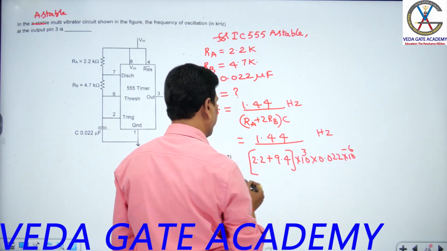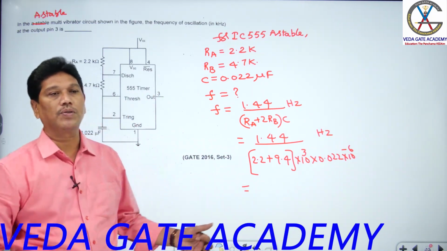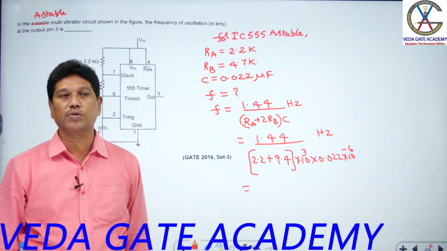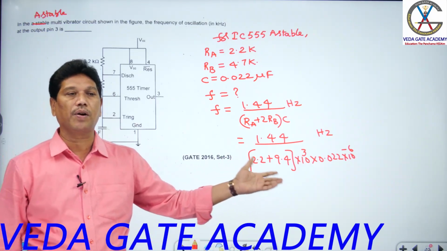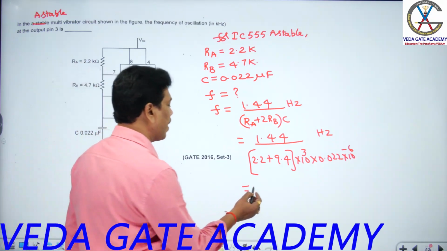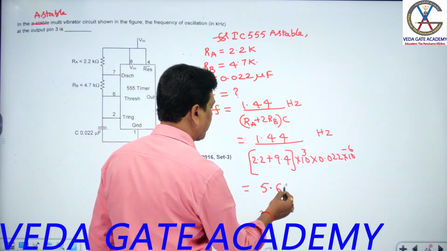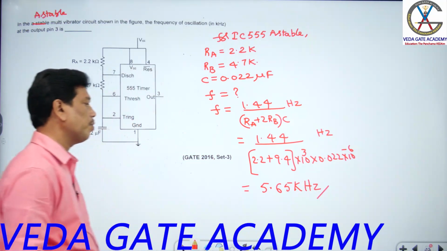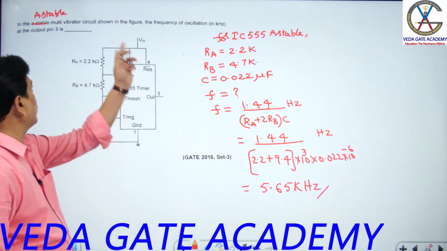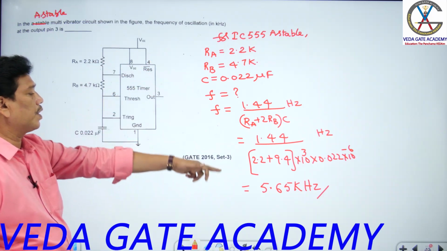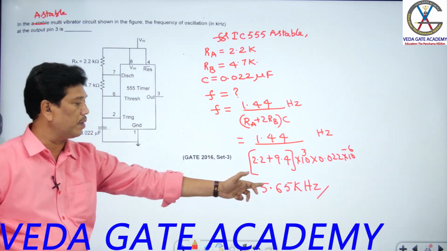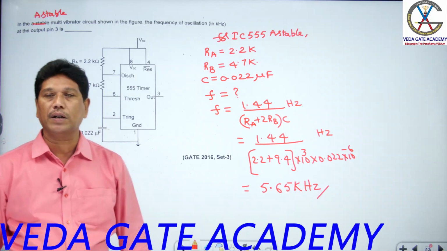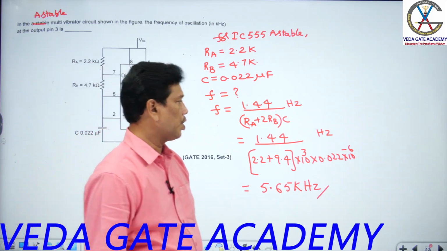If I simplify this, I get the corresponding value equal to 5.65 kilohertz, students. So the frequency in kilohertz at pin 3, that is the output pin, equals 5.65 kilohertz. Okay, check out the next one now.